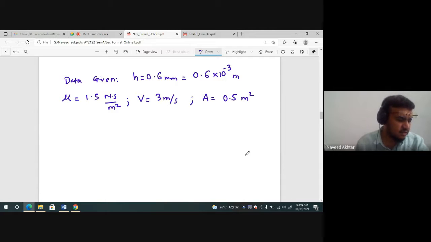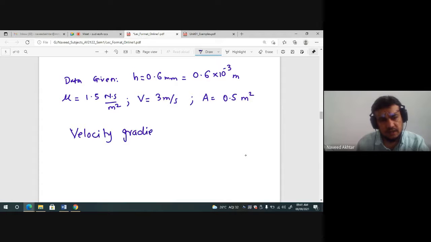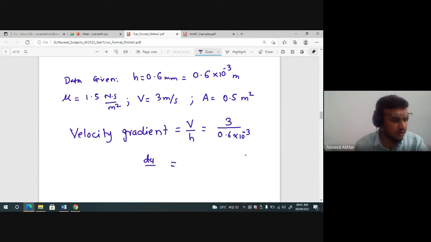First you find out the velocity gradient, generally denoted by V upon H. So this is 3 meter per second divided by 0.6 into 10 raised to minus 3.